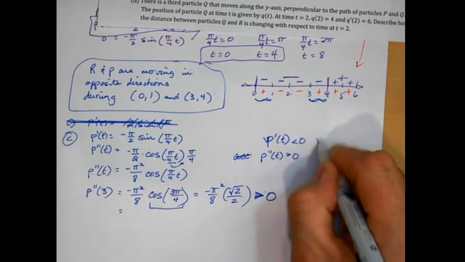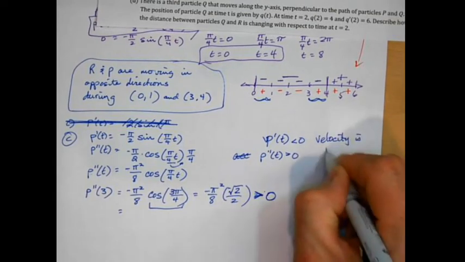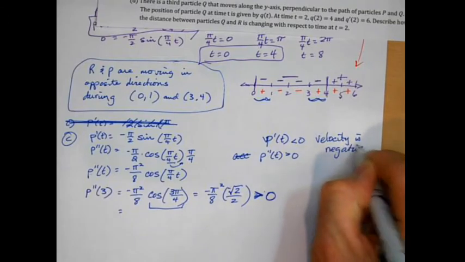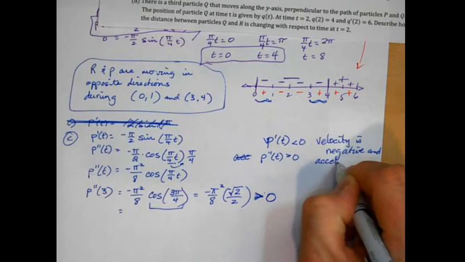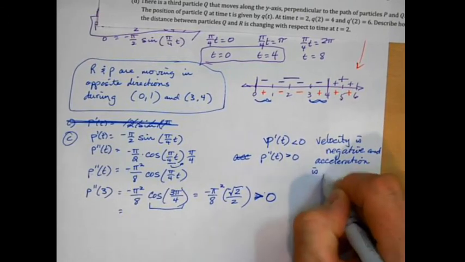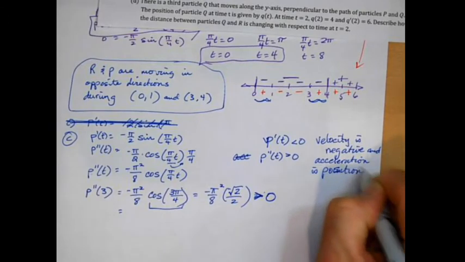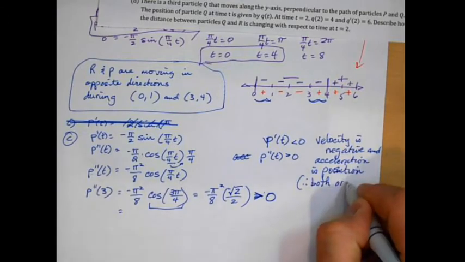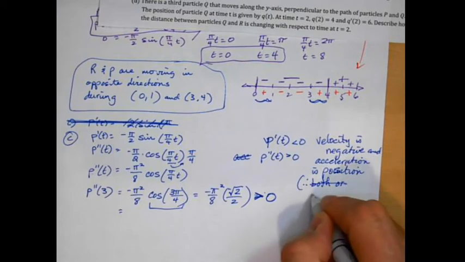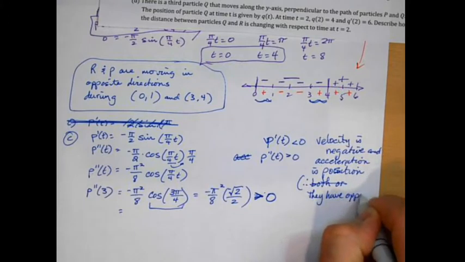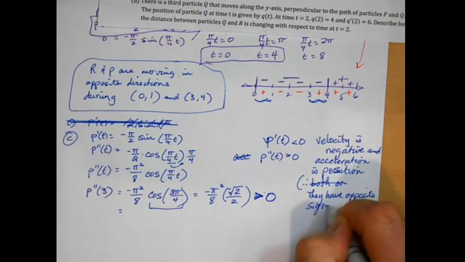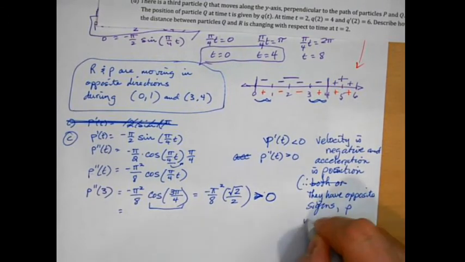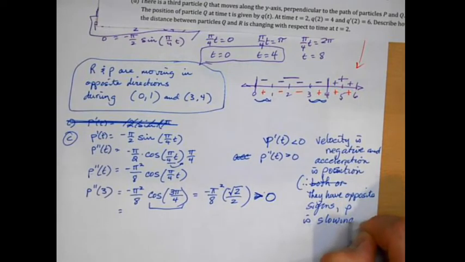So if the velocity is negative and acceleration is positive, they have opposite signs. P is slowing down at t equals 3.